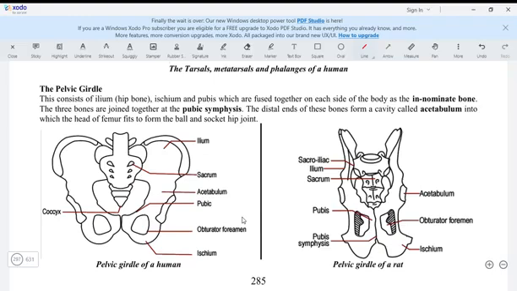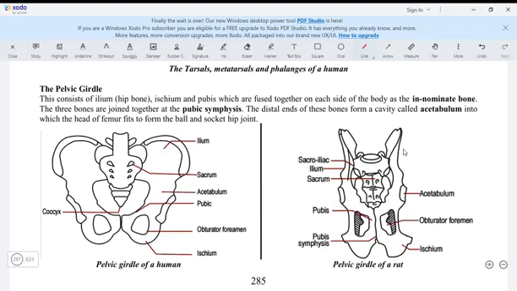So the 3 major parts of the pelvic girdle are the ilium, ischium, and pubis. They fuse together on each side of our body as the innominate bone. The 3 bones are joined together at the pubic symphysis. That means the point of connection of the 3 of them is at the pubic symphysis.